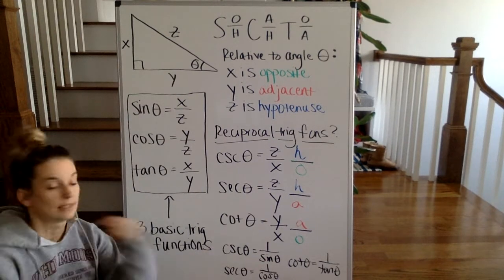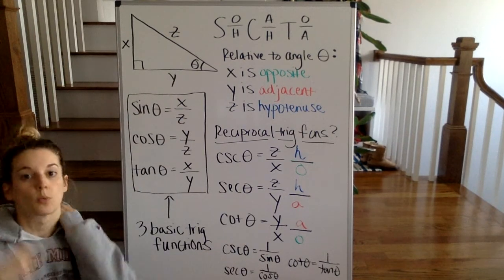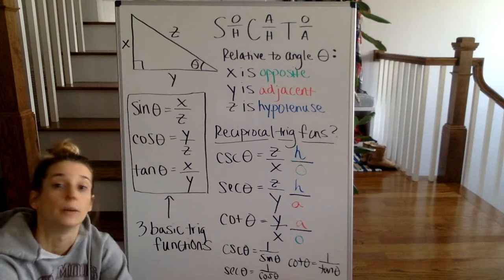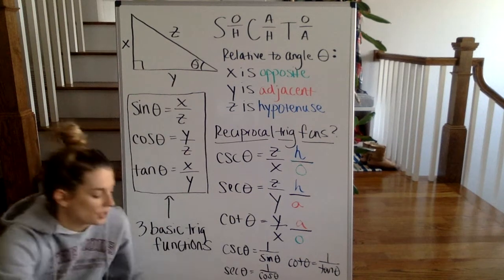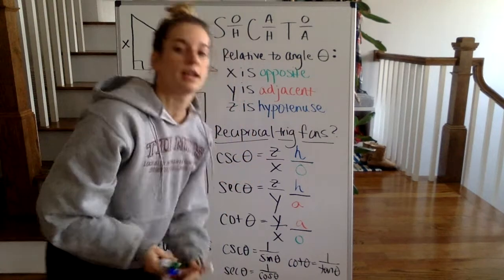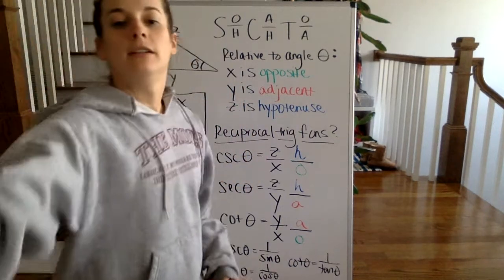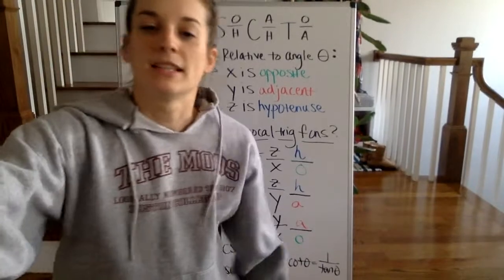So even though there aren't designated buttons for those things, there's a workaround so that you can actually evaluate them using your graphing calculator. And that's basically everything you need to know. That's your short introduction to trig. Short review. Happy distance learning.